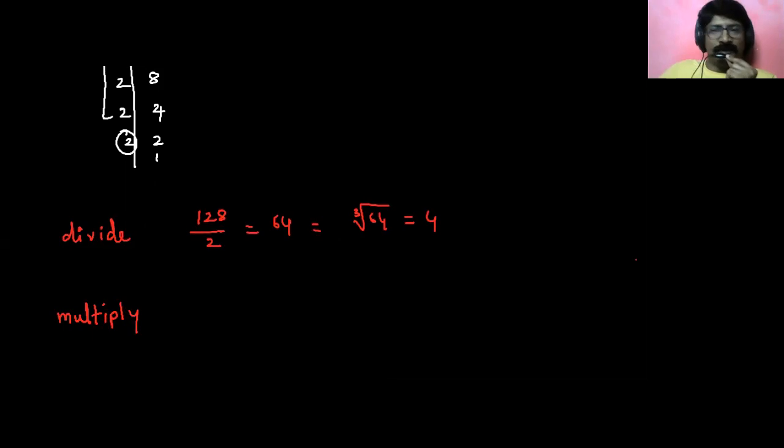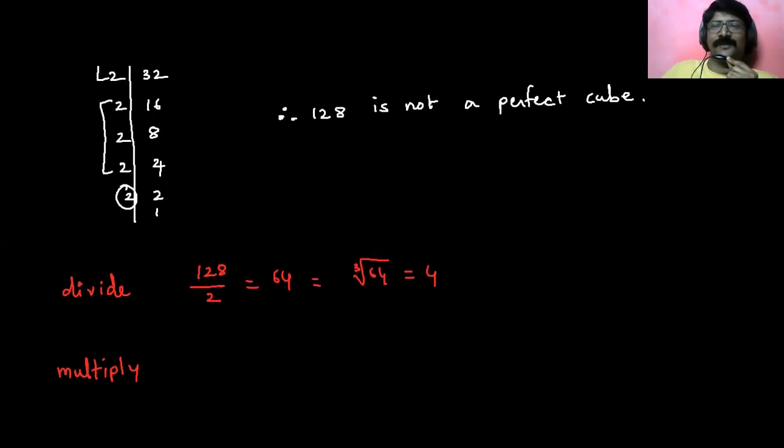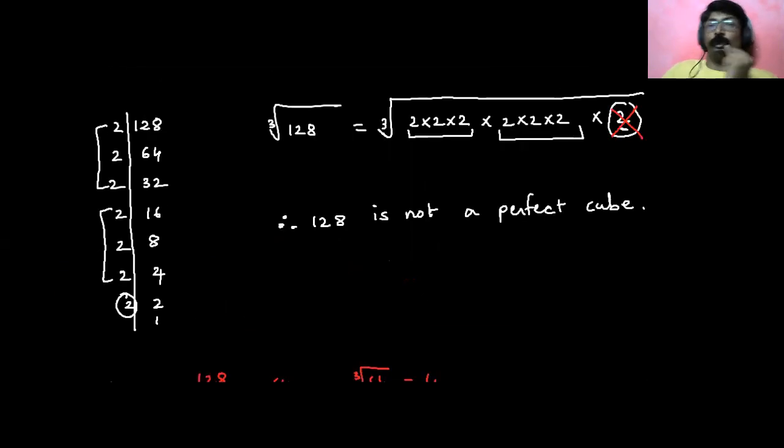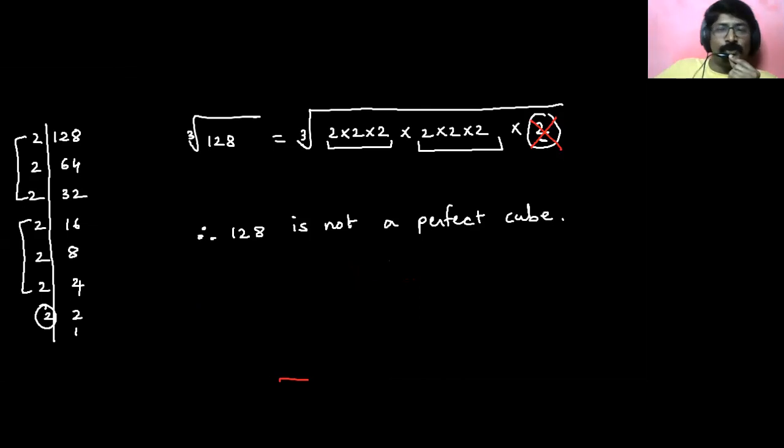Otherwise you will just learn the sums, and by just memorizing, maths doesn't come. So can you guess now? Can you think a little bit? What number should we multiply over here more so that it will become perfect? Obviously, we want a group of three, isn't it? So we should multiply 2 and 2. So what number should be multiplied? 2 to the power 2. Then it will become a perfect cube. Are you getting it? You understand?